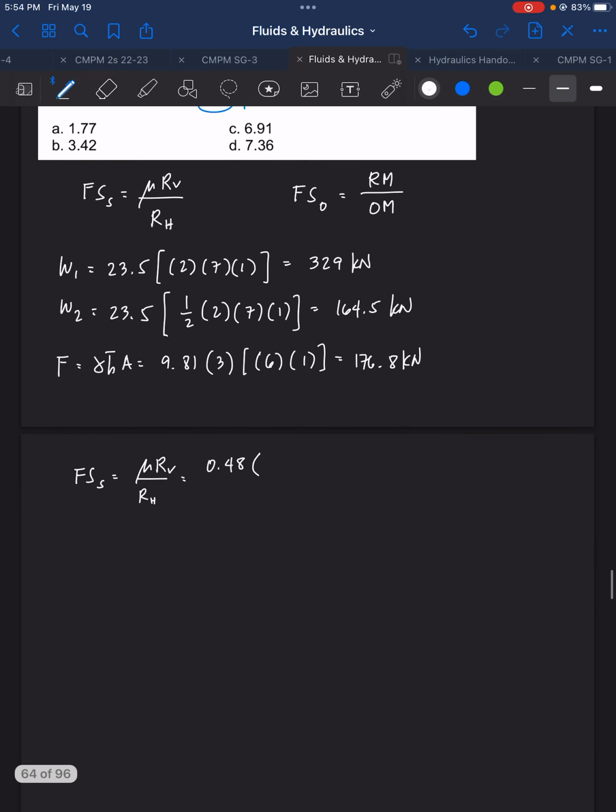R vertical is 329 plus 164.5. So these are the vertical forces, and we have to divide it by the RH. The RH here is 176.8.